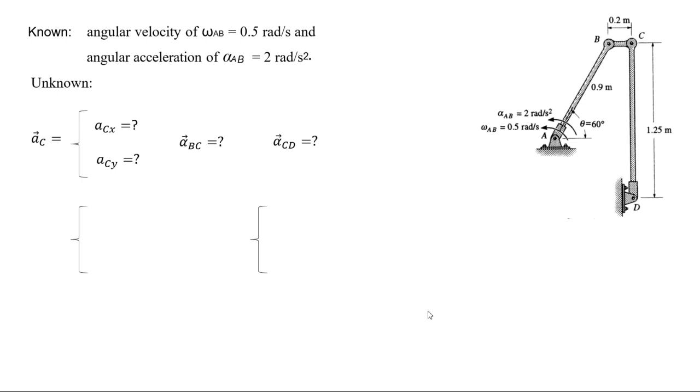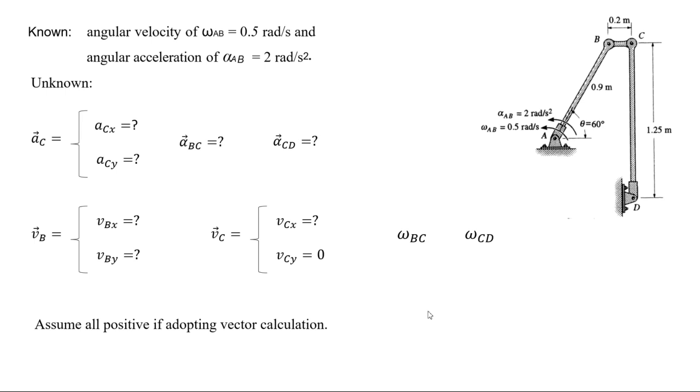Now we're going to the velocity at B. We need to know the x and the y direction of that, and this shouldn't be hard to do. And for the velocity at C, we know that the vertical component is going to be 0, and the horizontal component is unknown at that stage. And we don't know the omega BC or the omega CD.